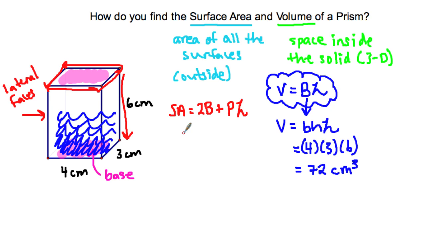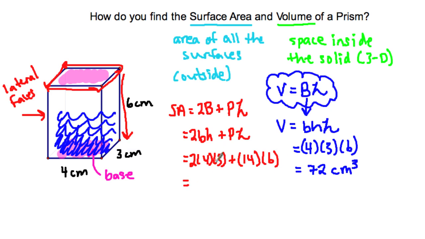So now we'll write a slightly more specific formula where area of the base is base times height, and then the perimeter of the base times the height. So let's work that out. 2 times 4 times 3 plus the perimeter, and remember we can work out perimeter however we like. 4 plus 3 is 7 times 2 is 14 times the height, which is 6.